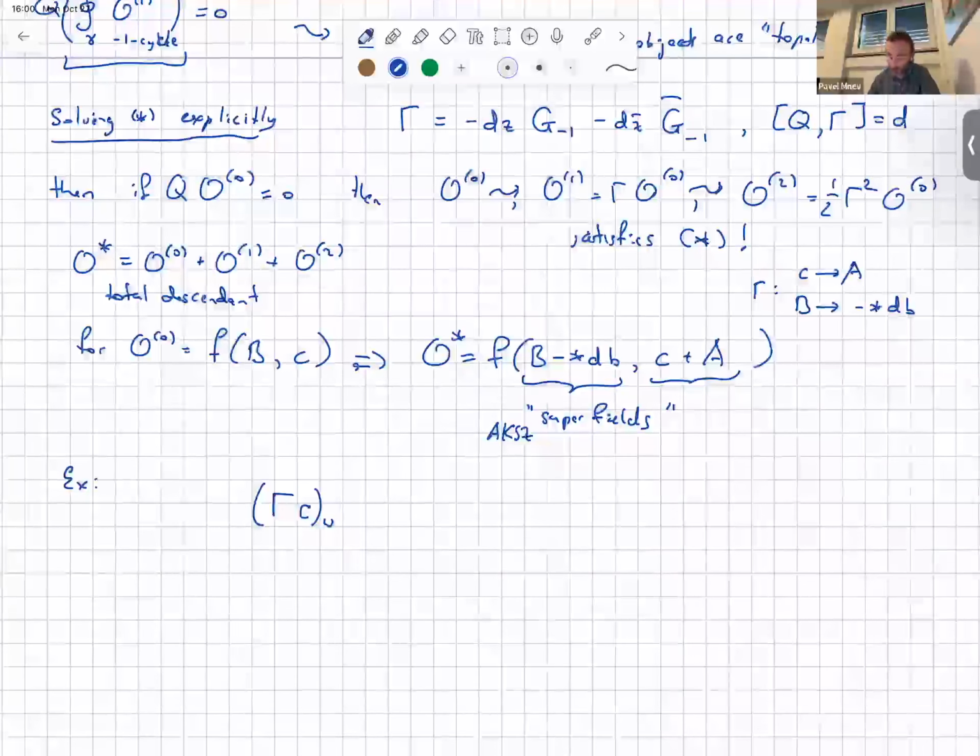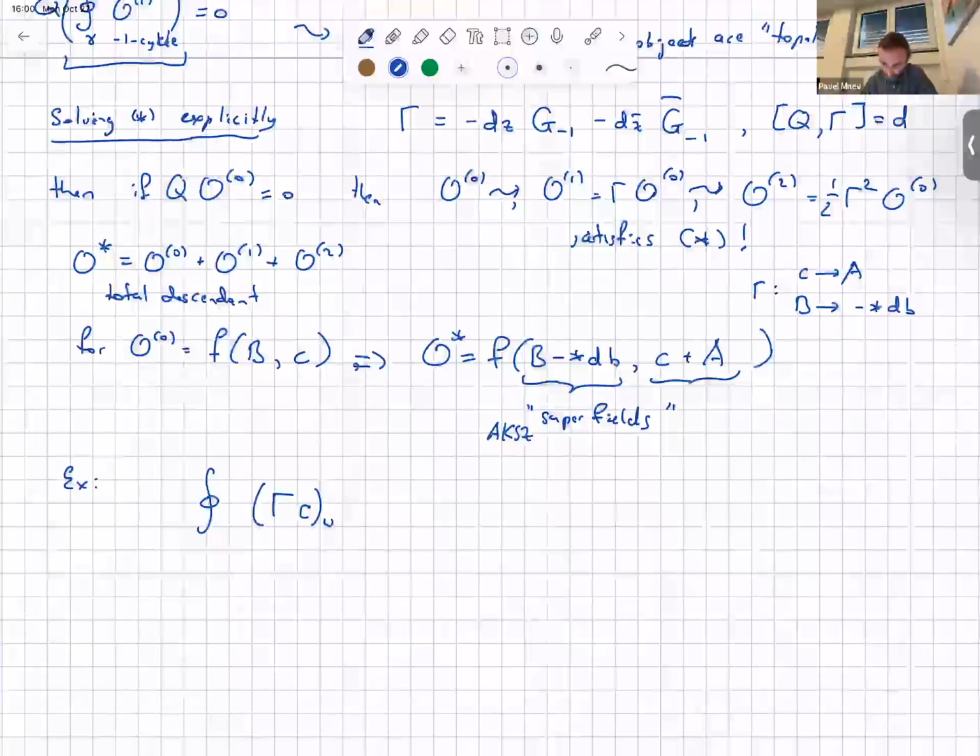So take it at a point W, but it's a one form at that point W, so I should better integrate it over a one cycle. So W will go in a one cycle.